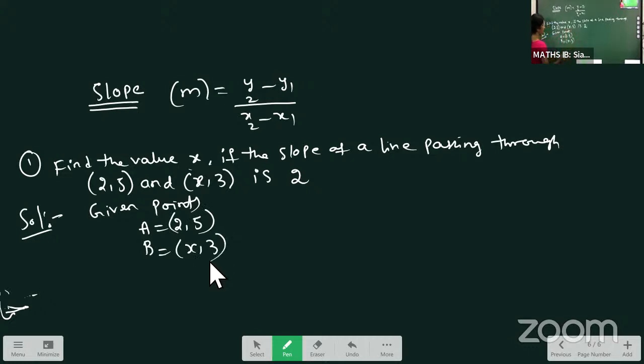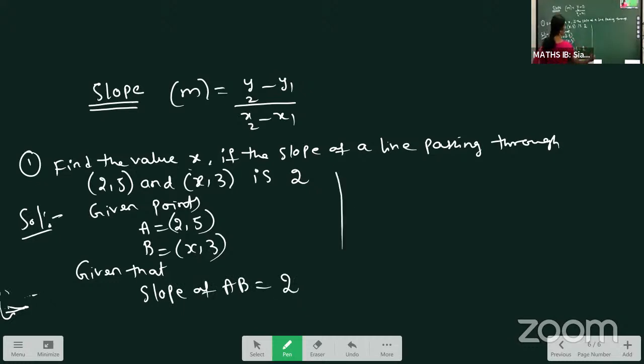Now apply the given condition. What is the given condition? The slope of the line passing through these two points, A and B, is given as 2. What is the slope of AB formula? Y2 minus y1 by x2 minus x1 is equal to 2.